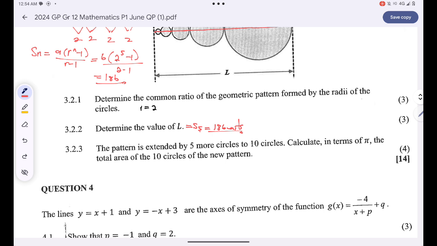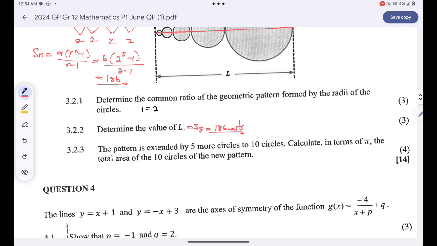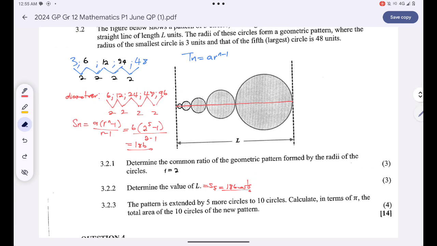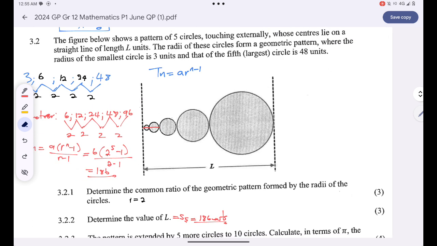Now I'm told that the pattern is extended by 5 more circles to 10 circles. Calculate, in terms of pi, the total area of the circles of the new pattern. The total area of the 10 circles of the new pattern. Remember, guys, the area of a circle is always pi r squared, right?